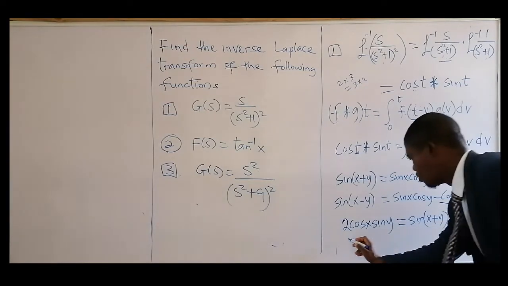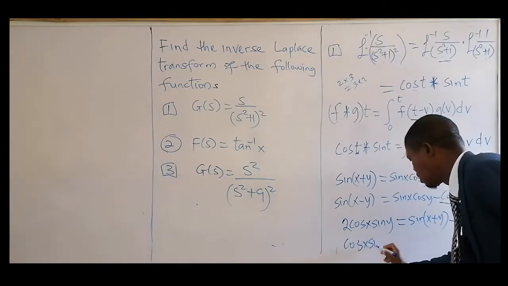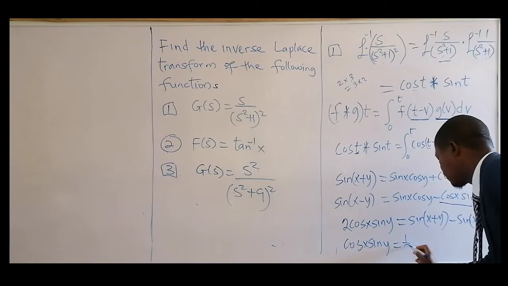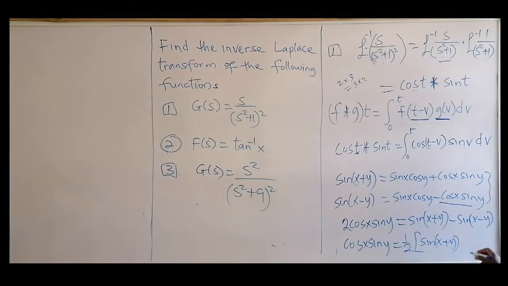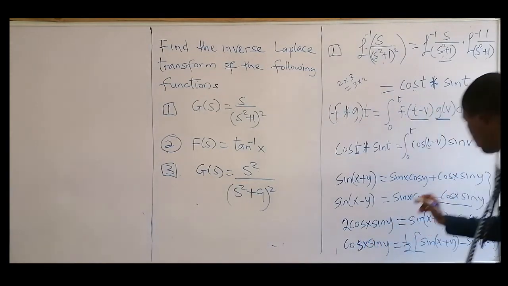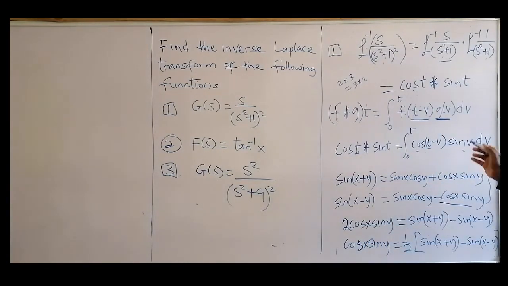Then you divide by 2, and cos x sine y equals half of the bracket: sine of x plus y minus sine of x minus y. That's what I'm going to use. So that conforms to the problem: when you have a product of cos and sine, it's going to be a difference of two sines.